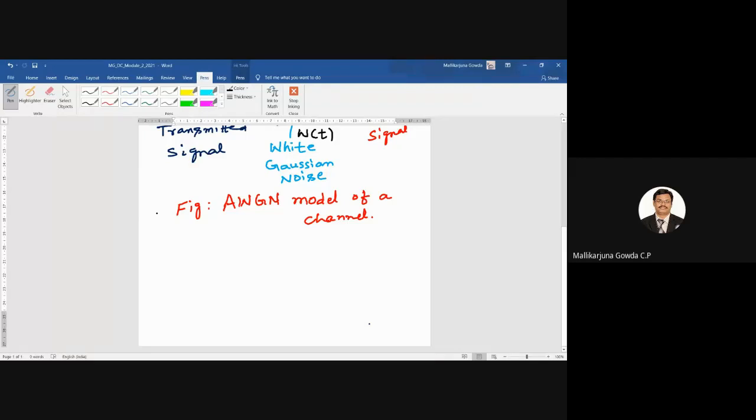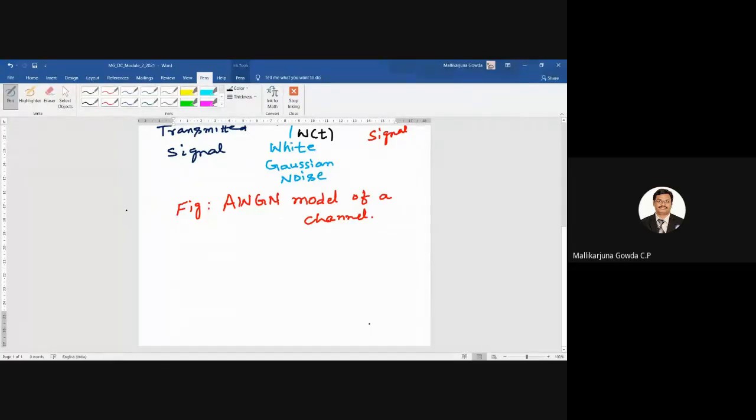So here I am giving the received signal. What is the received signal? X of t, which from the above block diagram I can write as X of t equals Si of t plus W of t. Can I write like that?